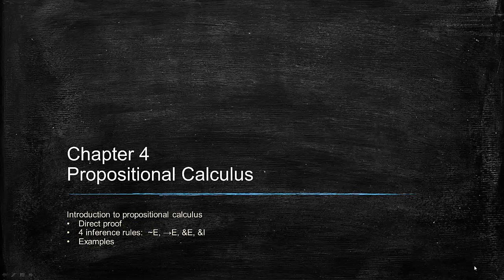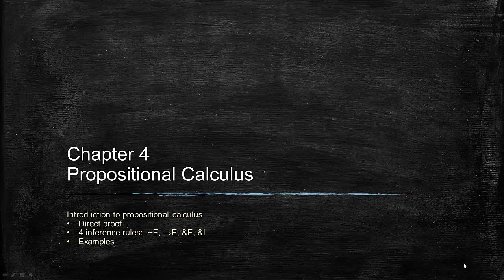Okay, so we're going to move on to Chapter 4, which is the propositional calculus. This is a different method of proof. We'll be building on our understanding of propositional logic, but the propositional calculus is a method of proof that's distinct from the refutation tree rule method that we've been studying so far.